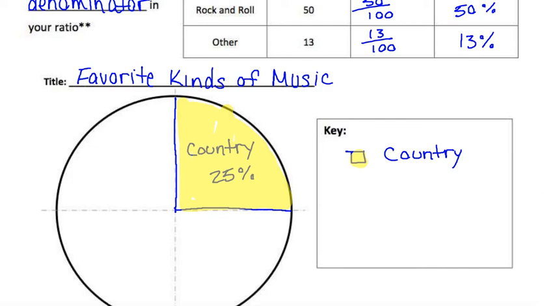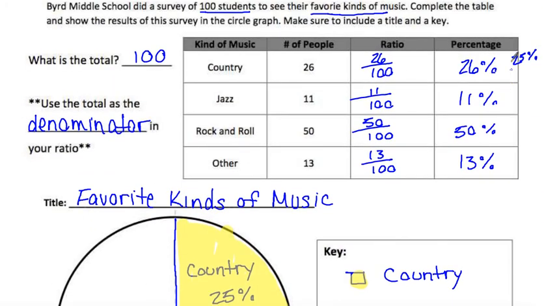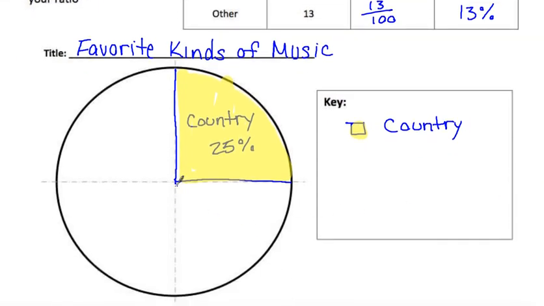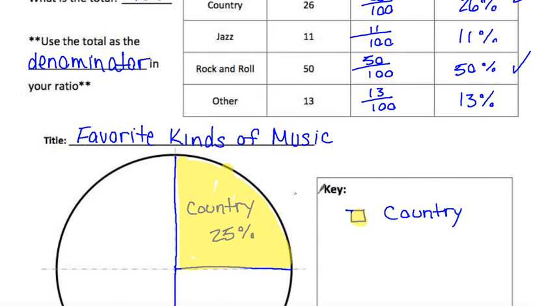Now let's look for another one that's an easy one. We did this one. There's 50. 50, we know that one. That's a half already. So I'm going to extend this line down, or you could extend it across, either one, it doesn't matter. And this whole section represents rock and roll, I believe. Yep, rock and roll.